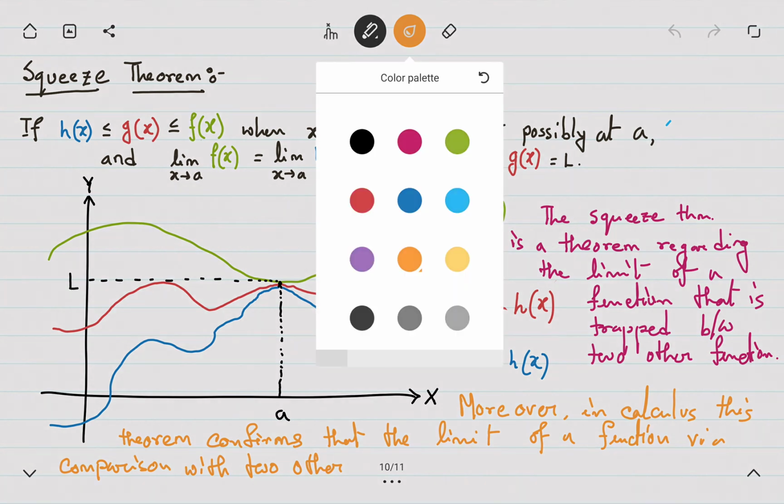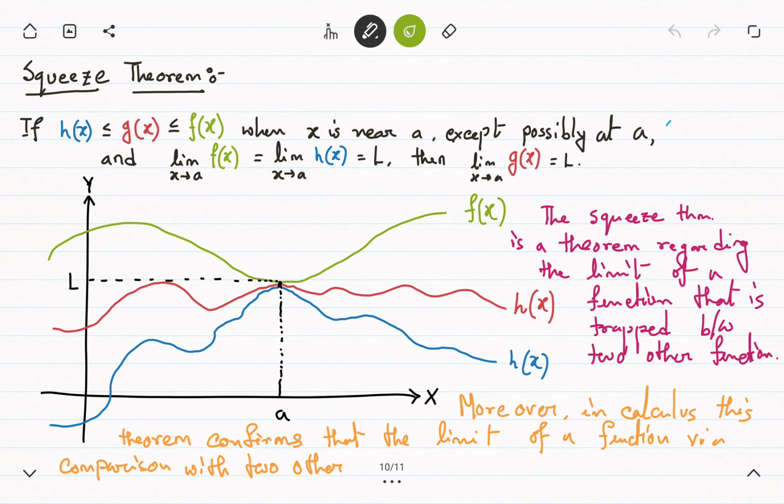If you like, you can say it of a sequence of functions too, but I won't use the sequence of functions because that is another definition and another mathematical approach.